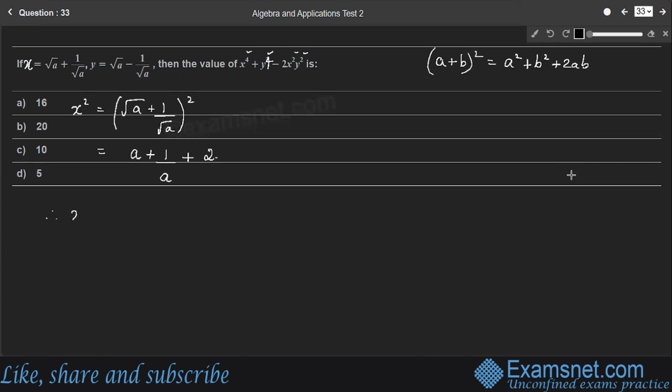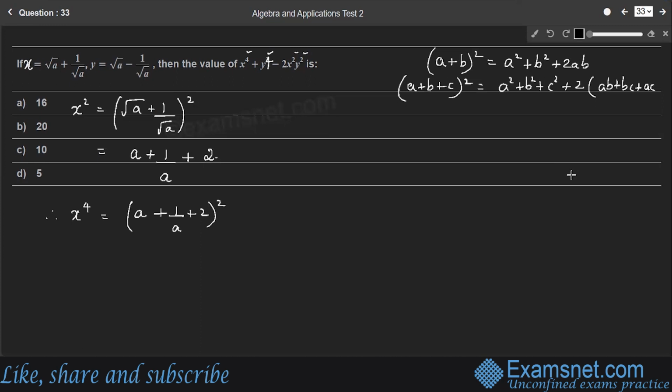Therefore, x raised to 4. So what's the value of x raised to 4? It is x square the whole square, which is (a plus 1 by a plus 2) the whole square. This is in the form of (a plus b plus c) the whole square, which is equal to a square plus b square plus c square plus 2 times (ab plus bc plus ca).